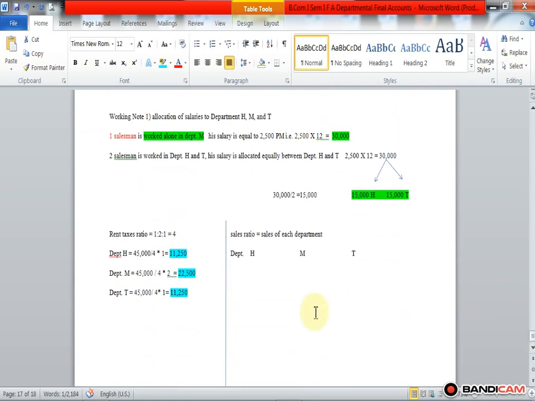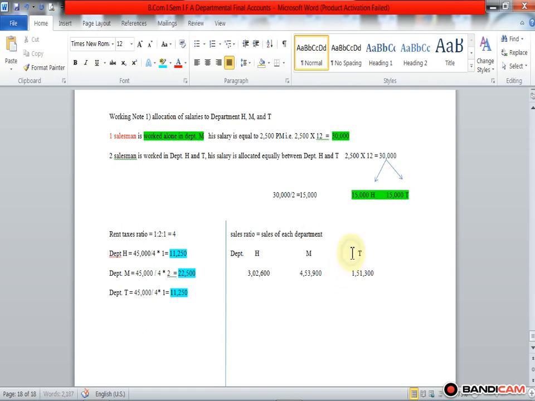So here the amount of sales of each department is rupees 3,02,600 for department H, department M is equal to 4,53,900, and department T is equal to 1,51,300.